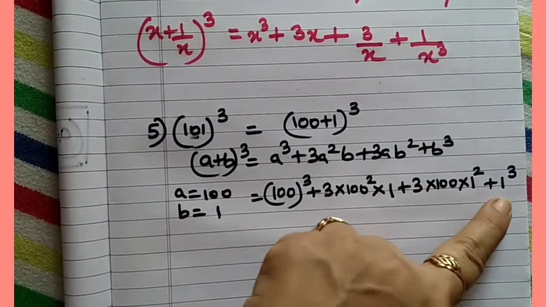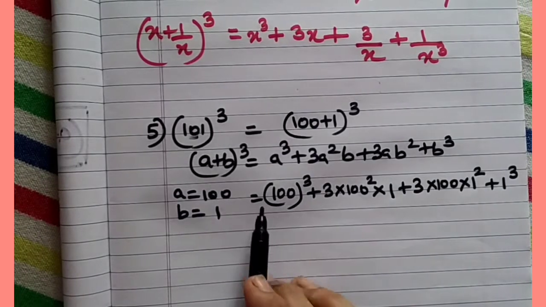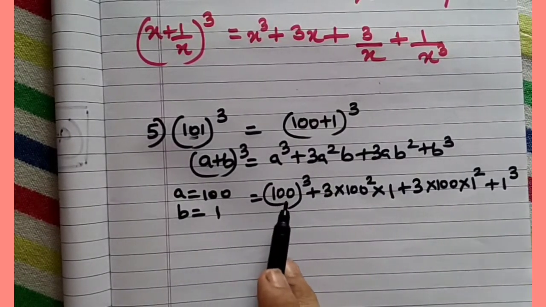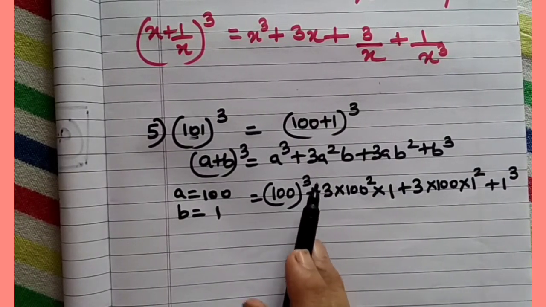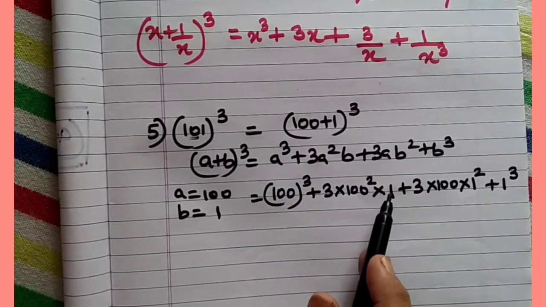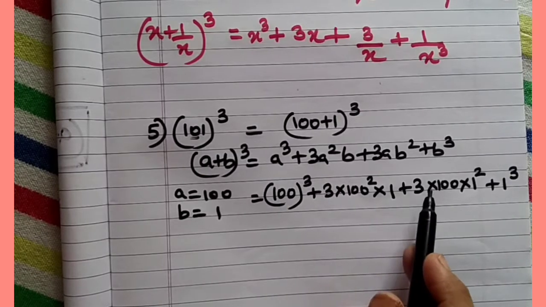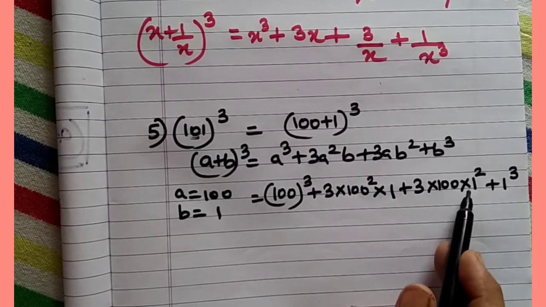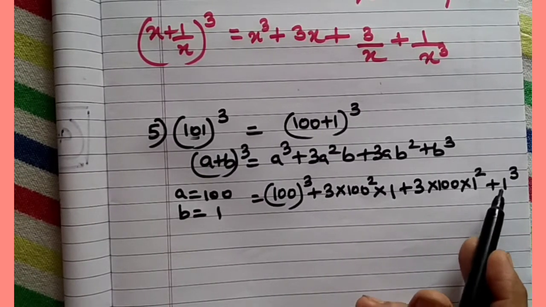See if you can follow what I have written over here. A cube, what is a? 100. So 100 cube plus 3 into a square, a is 100, so 100 square into b, that is 1, plus 3 into a, that is 100, into b square, that is 1 square, plus 1 cube.